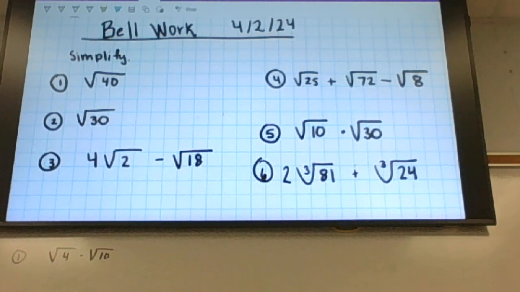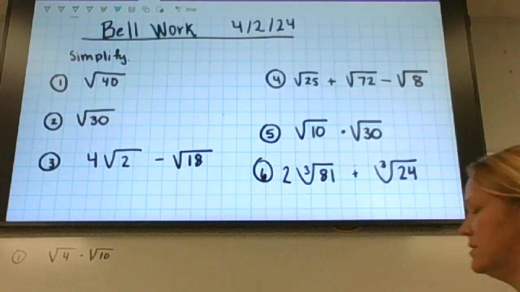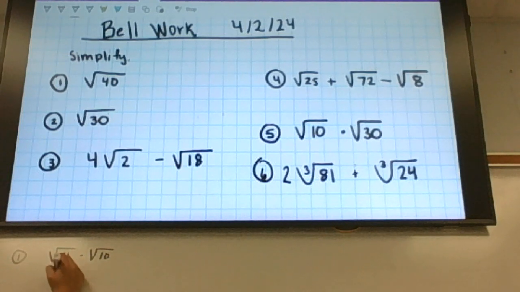And I know what the square root of 4 is. The square root of 4 is 2. So I'm actually going to square root that. The square root of 10 is a decimal, so it's going to stay 10.